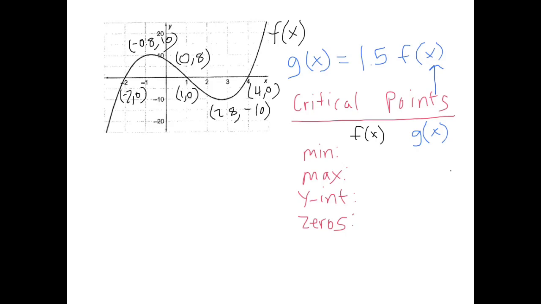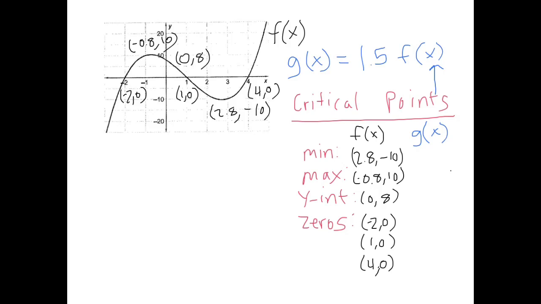We already labeled them for f of x. The minimum is (2.8, -10). The maximum is (-0.8, 10). The y-intercept is (0, 8), and the zeros are at (-2, 0), (1, 0), and (4, 0).